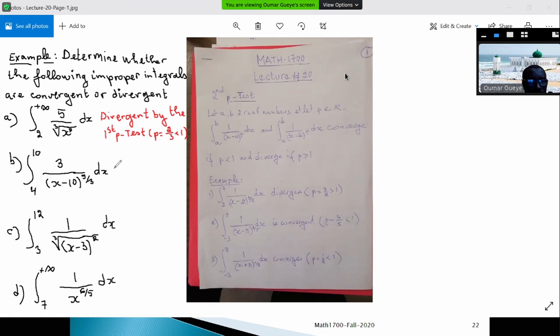Now, what about the second one? Divergent. You use the second p-test. As you can see, p is greater than 1, 5/3.